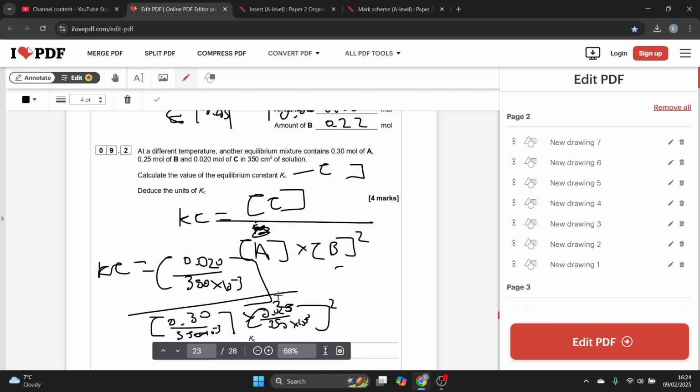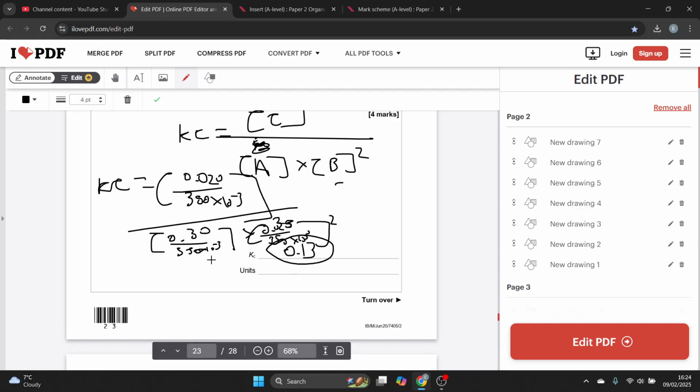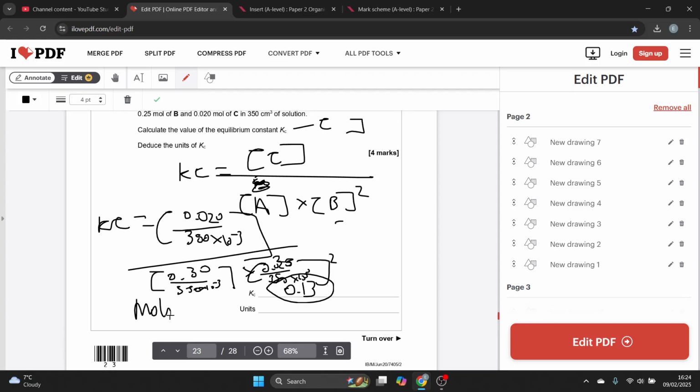Just silly mistakes, which are very easy to make in these types of questions. 0.13. Now the units, well, I've got times 10 to the minus 3 cubed on the top, right?